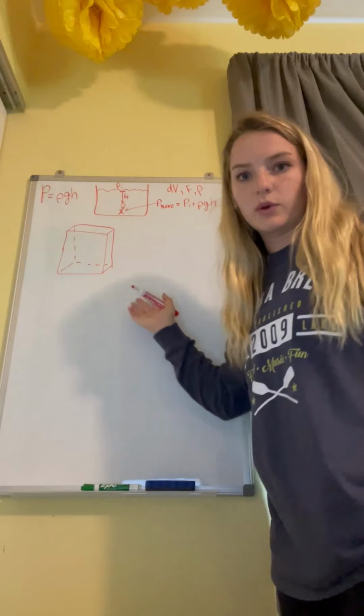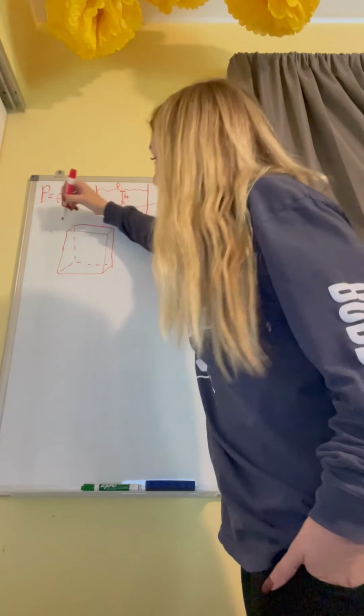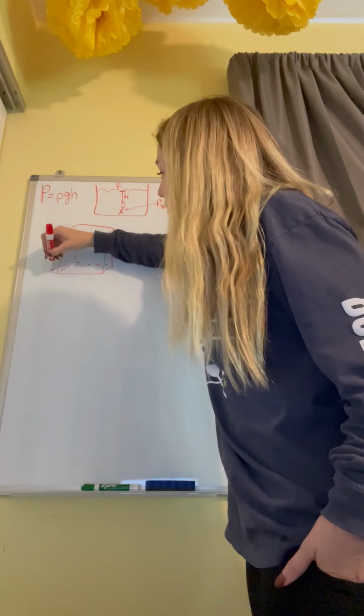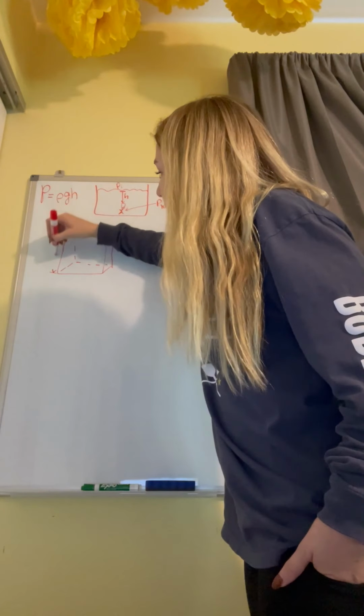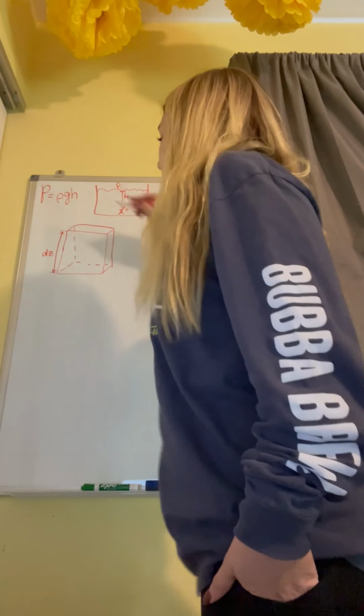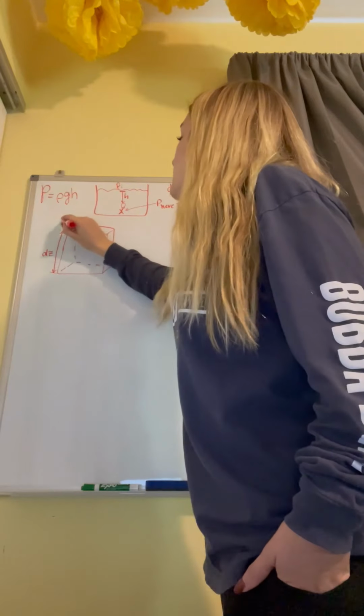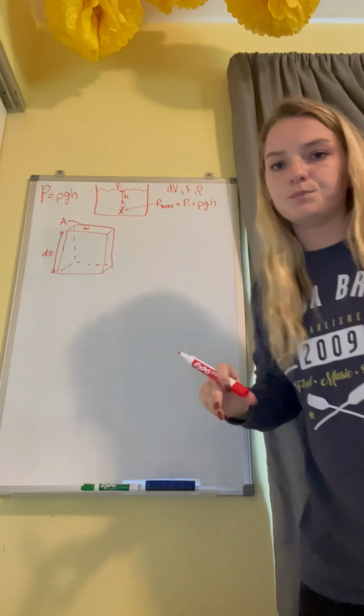All right, so if we're looking at our cube, we are going to say that this length here is dz, and then the top surface is going to have an area of A.